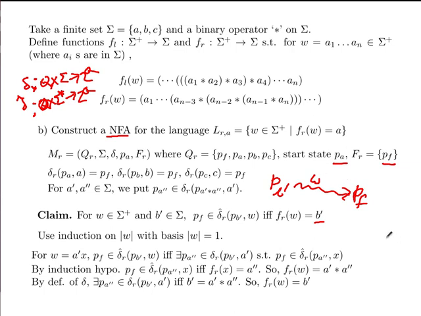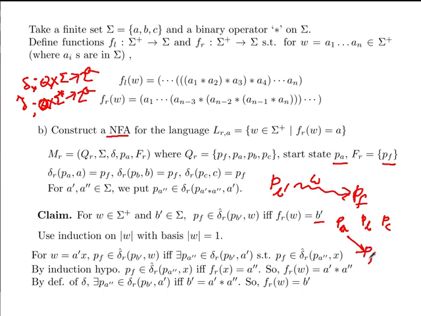So we have again this picture: PA, PB and PC. As I said, if you are in PA and you have some string which takes you to PF, then that will be the right product, right?